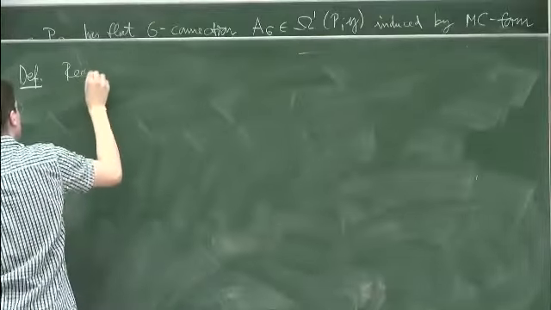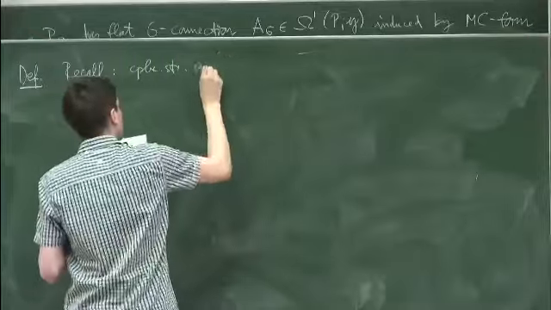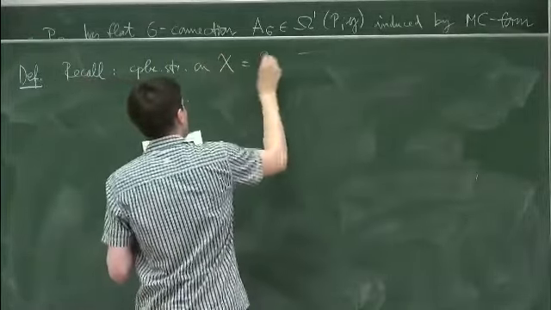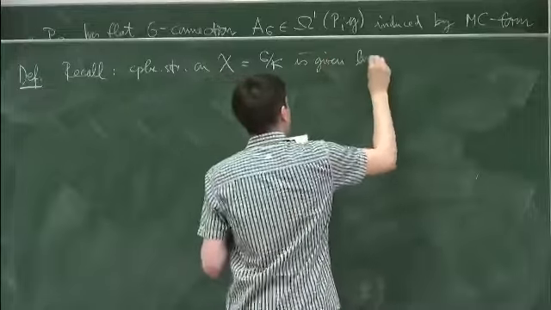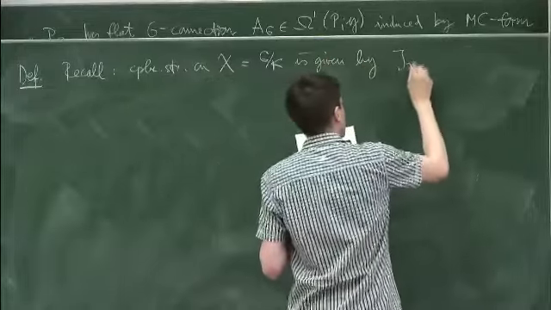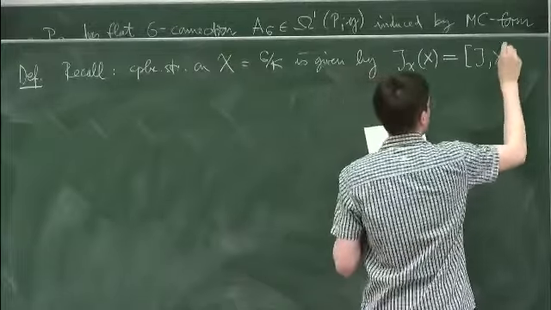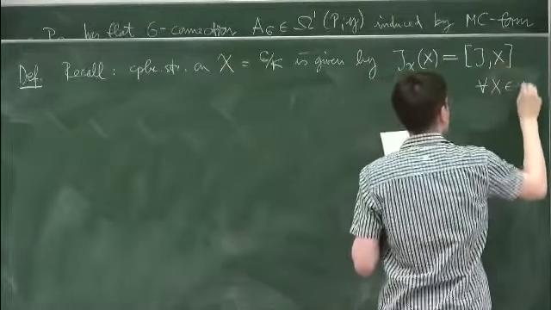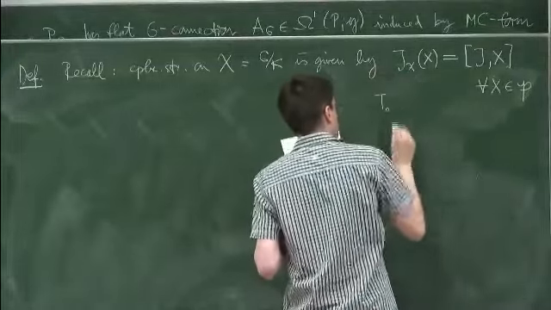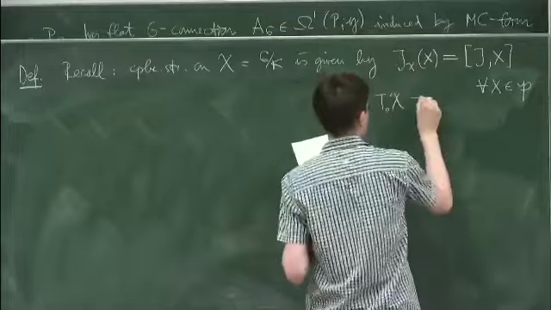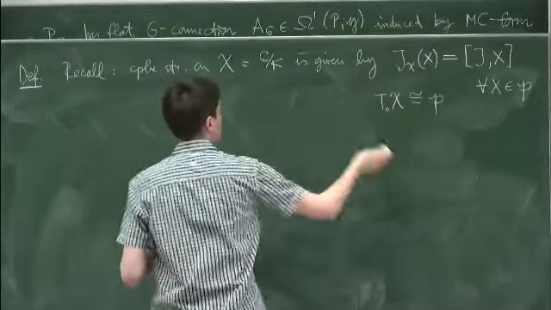So we recall that the complex structure on the symmetric space X, G mod K, is given in the following way in terms of Lie brackets for elements in P. This is because the tangent space of X at the base point is isomorphic to P, because it's G mod K, so the K Lie algebra part vanishes.